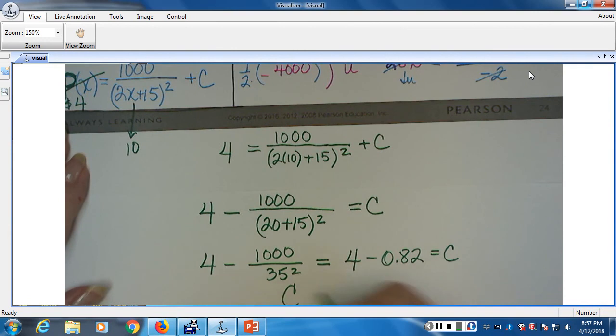So that means your constant is actually 4 minus 82 cents, which would be $3.18. So that means then that your price function is equal to 1,000 over 2x plus 15, quantity squared, plus $3.18. Okay? And that is the demand function in terms of quantity.